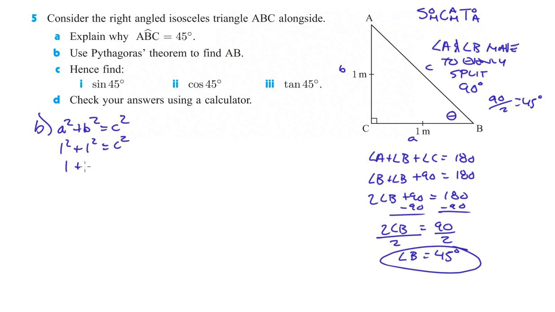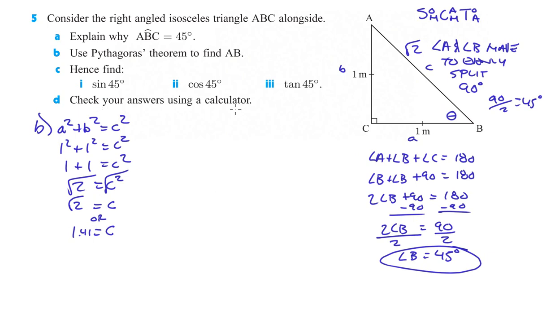So 1 squared is 1, plus 1 squared is 1. So C squared equals 2, so we square root that, and we get that C equals square root of 2, or C is 1.41 for our decimal. Either one of those is fine. Root 2 is a little bit more officially accurate, but 1.41 is also good.